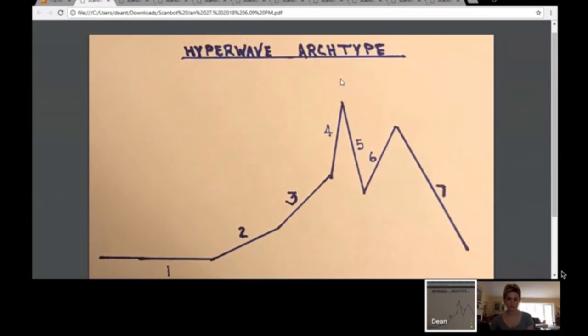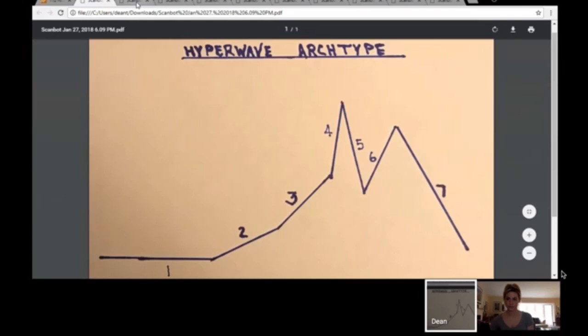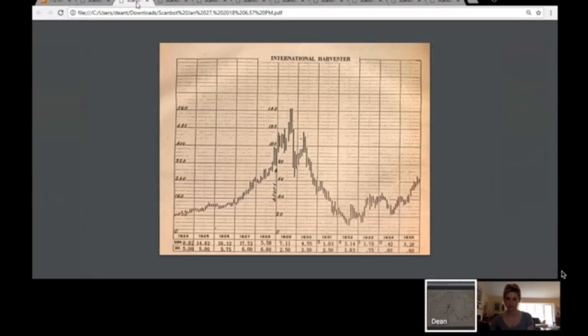But the best way of doing this, I believe, today is I'm going to give you 2 real examples of hyperwaves. The first one is International Harvester, the agricultural machine company.